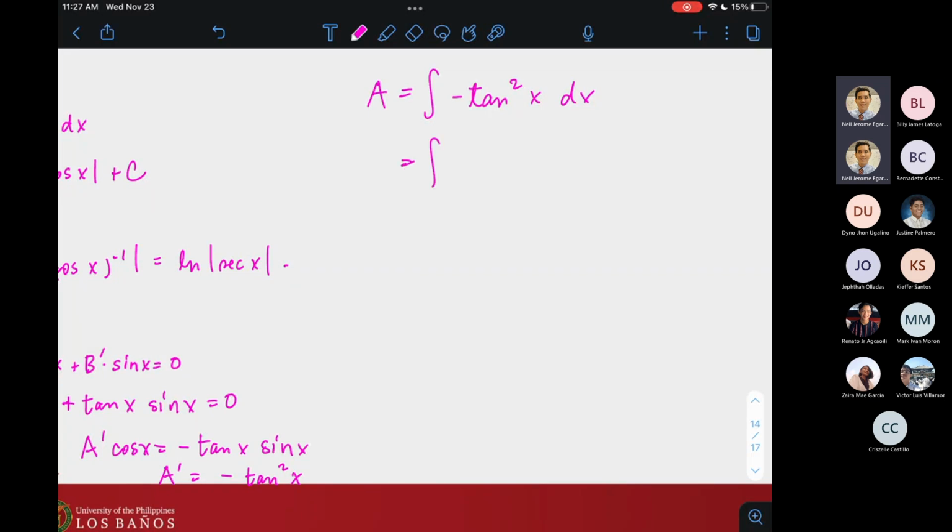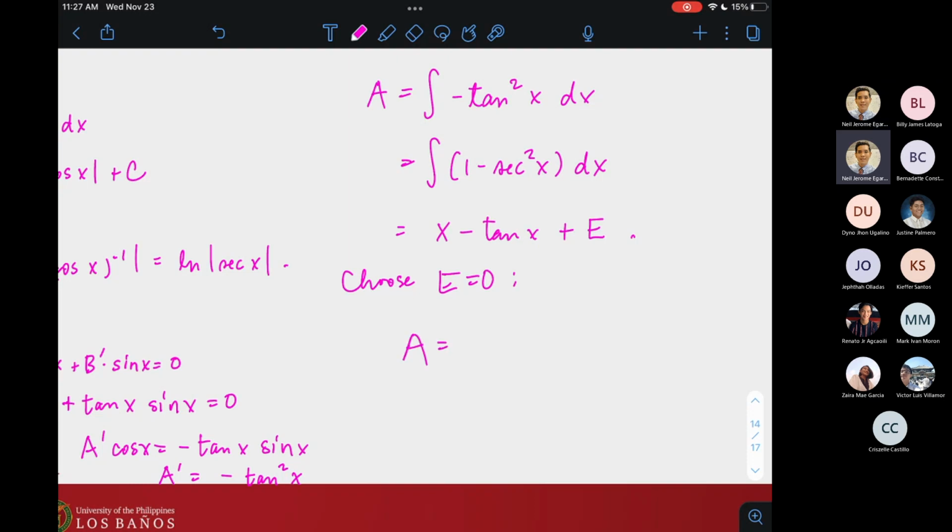So essentially, I'll write this as the integral of 1 minus secant squared x dx, because tangent squared is secant squared minus 1, and with the negative in front, it becomes 1 minus secant squared. Then I'll integrate this. I'll get x minus tangent x plus an arbitrary constant e. So we choose e to be equal to 0 because, again, we're just after a particular value of a. So we'll get a equals x minus tangent x.